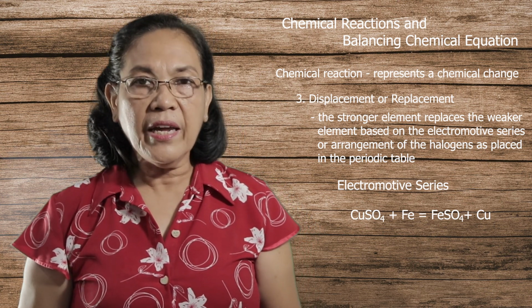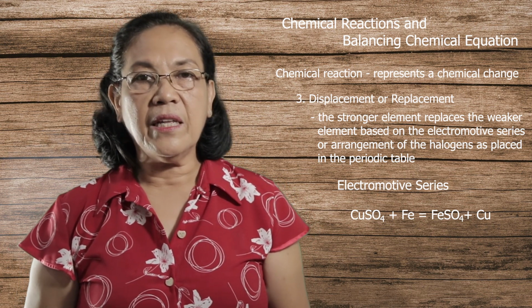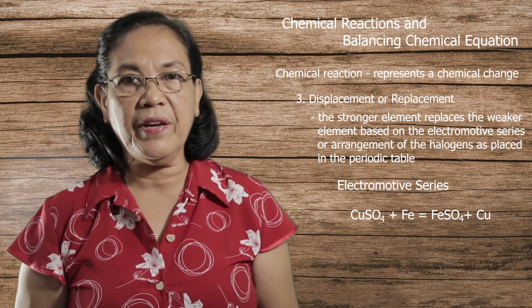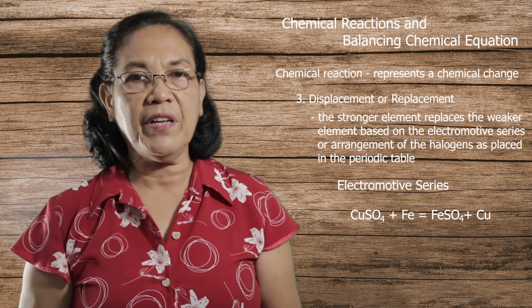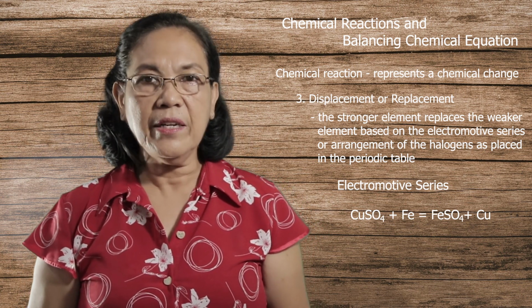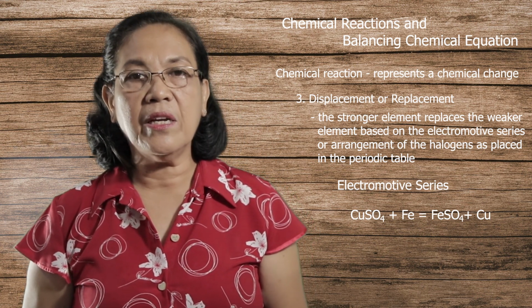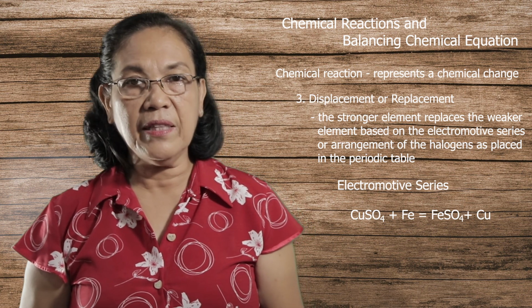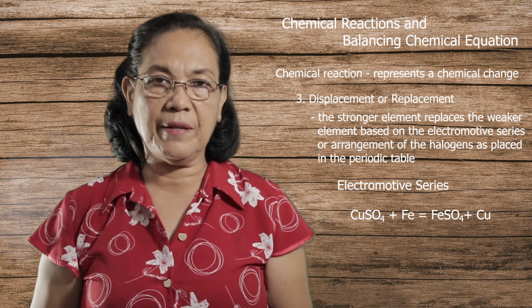So there is the tendency of displacing the copper of cupric sulfate by iron. So what will be the product if the reaction is iron plus cupric sulfate? So we have the products ferrous sulfate and copper deposited as a precipitate.